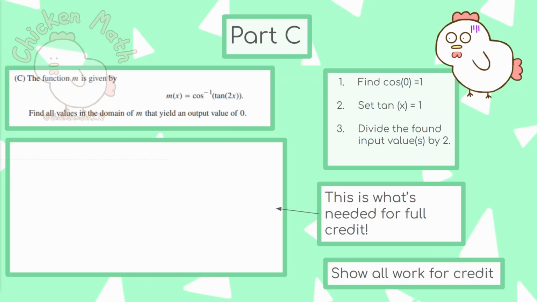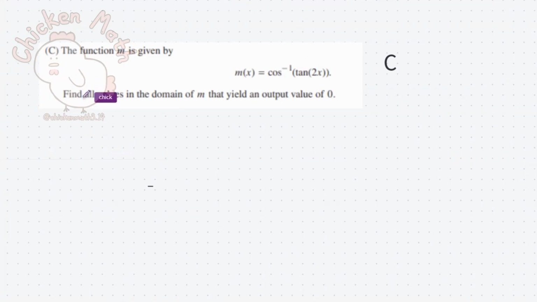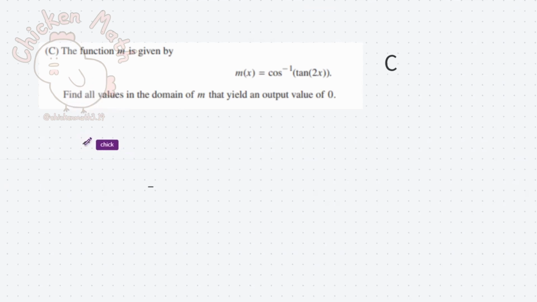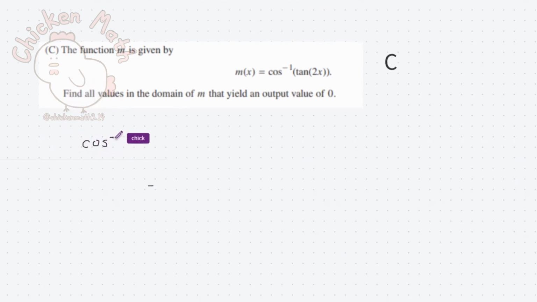All right, moving on to part C, we're given the function m of x, which is equal to arc cosine of tan of 2x. And we're just asked to find the values in the domain where the output yields a value of 0. All right, guys, so first we're going to set arc cosine of tan of 2x equal to 0.